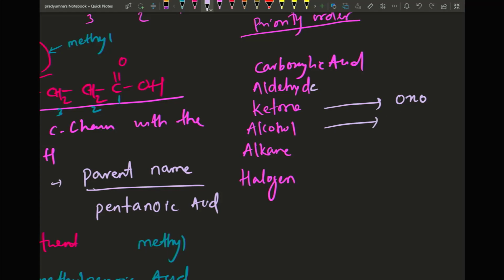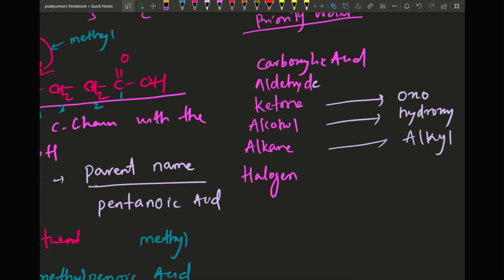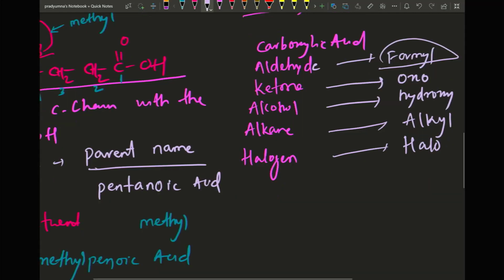Alcohol is hydroxy, right? Alkane is alkyl. Halogen we know is halo, and aldehyde you can call formyl. Let's not worry about this for now.